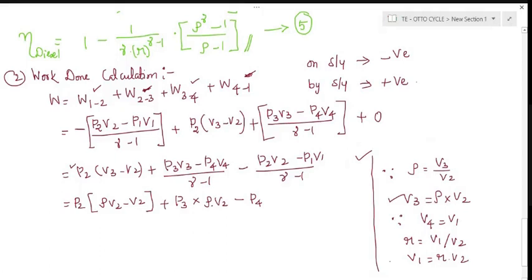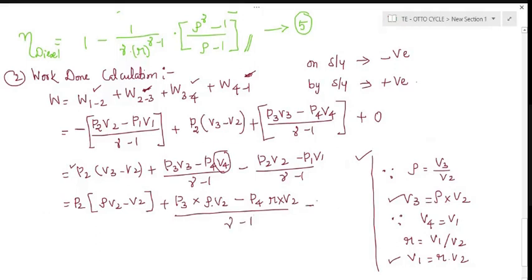Instead of V4, which is nothing but V1, simply substitute R into V2, divided by gamma minus 1.